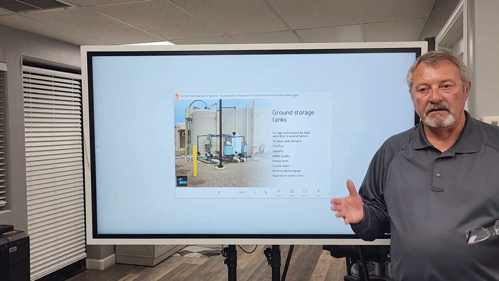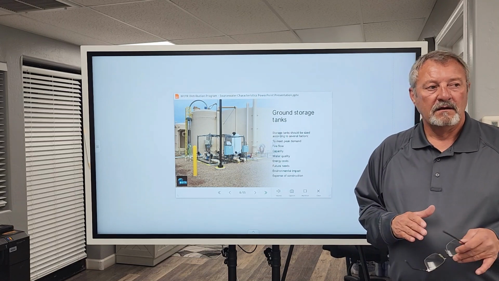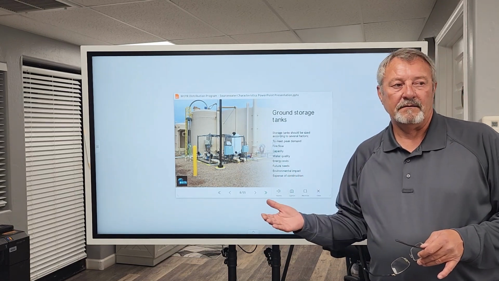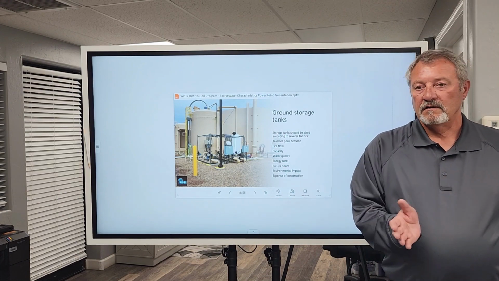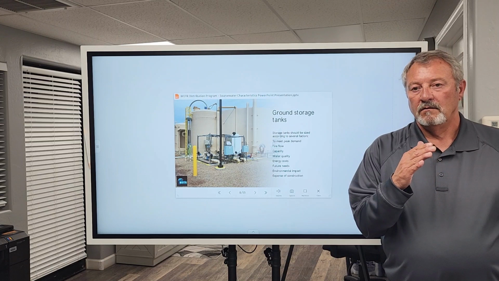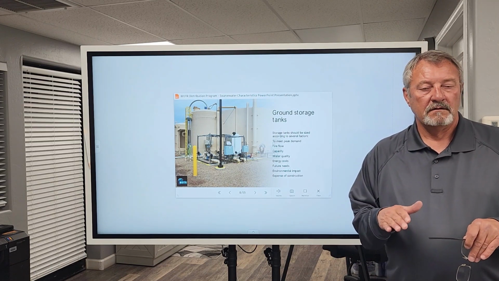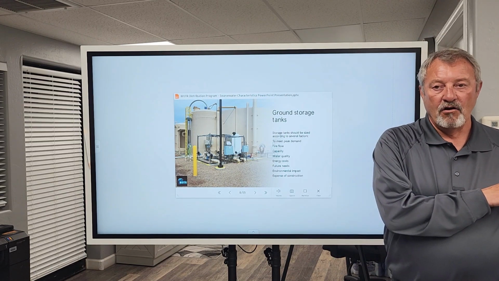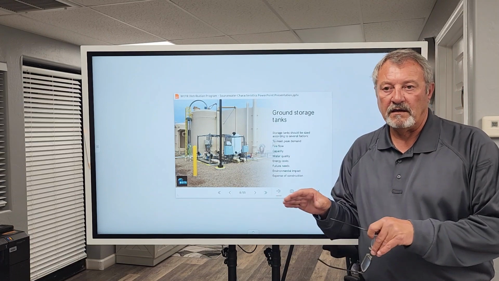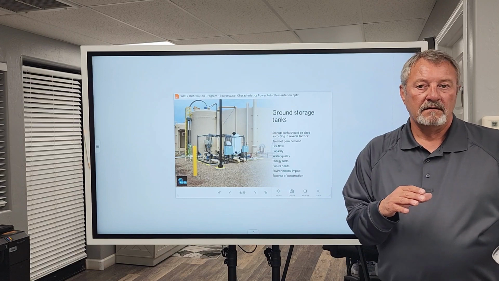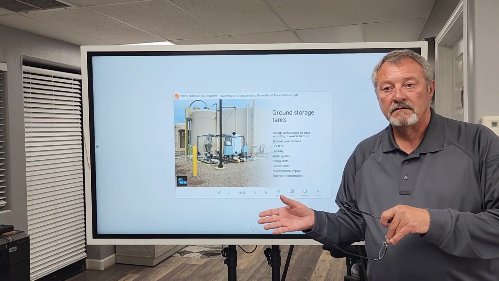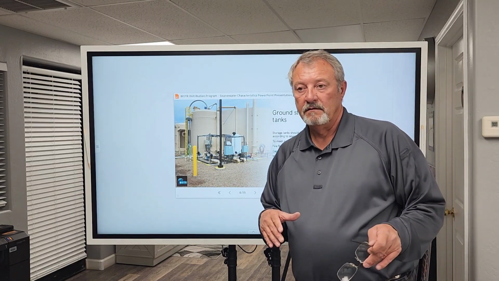So we have a peak period that starts about 5 a.m. and extends generally till about 10 a.m. Once everybody's gone off to work and school, water usage drops. It's not as low as it was overnight because there's still people awake. There's still people working at the dentist's office, at the grocery store, at the restaurants, and they're still using water.